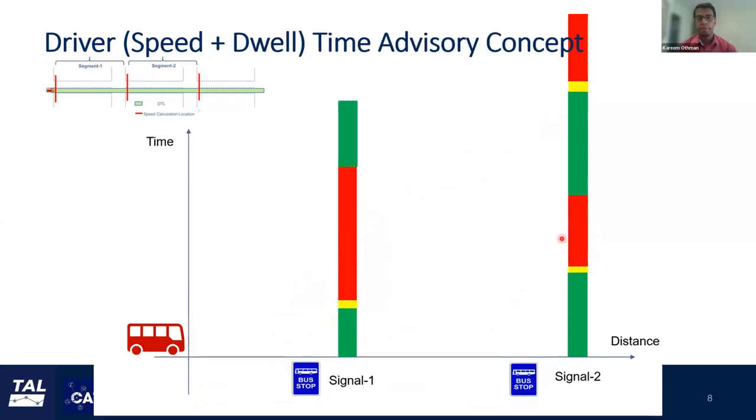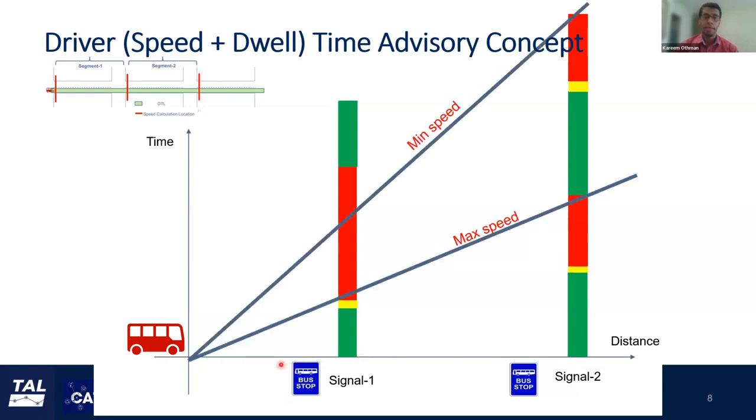So far I have explained the speed advisory. What happens if we have a bus stop halfway in our segment? I will show it here in segment 1. If we have a bus stop halfway, under some conditions you will have your maximum speed. If the bus is traveling at the maximum speed, the bus will arrive at the bus stop, stop for dwelling, and then travel again, and it will have to stop at the intersection at the red phase.